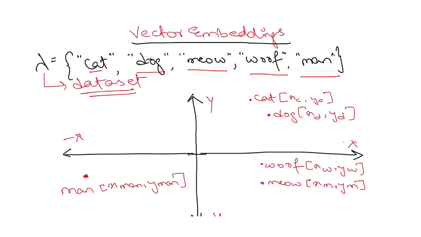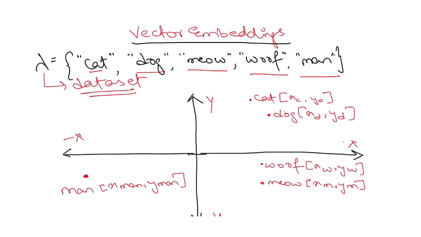So the cat is going to be placed at a coordinate of xc comma yc. The dog is going to be placed at a coordinate of xg comma yd, so on and so forth. Now, the most important thing to have a look at here is cat and dog are placed very close to each other because they essentially belong to the pet species.